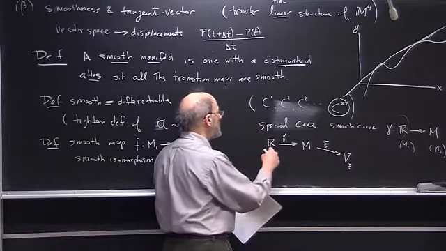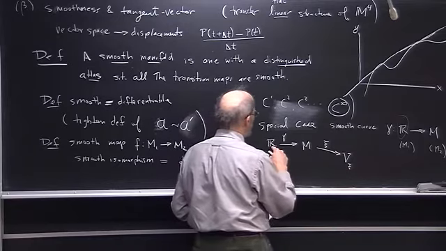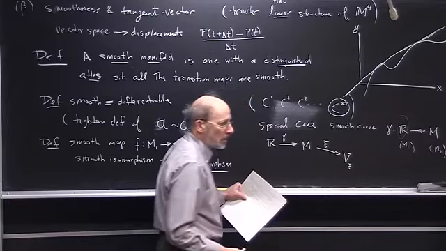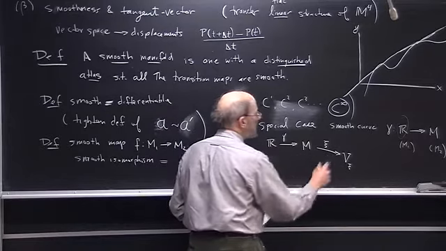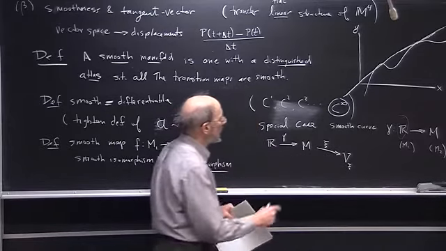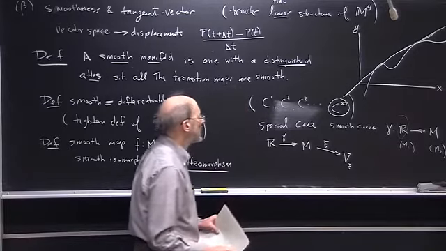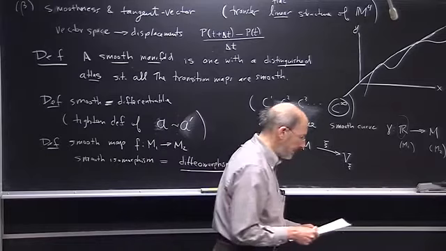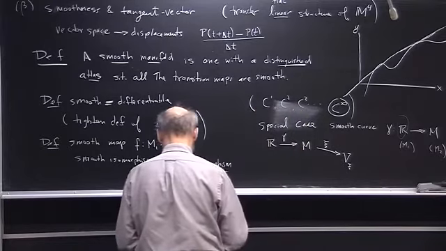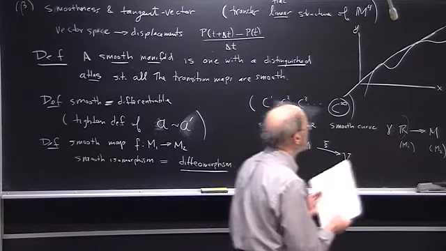So that's a smooth map of a real line into a vector space. In other words, a smooth curve in a manifold is one such that its image under any chart is a smooth curve in the vector space. And in the vector space, we know what it means to be a smooth curve.